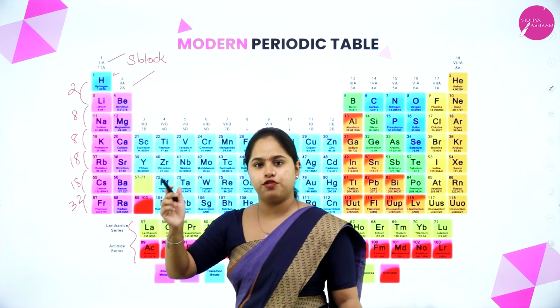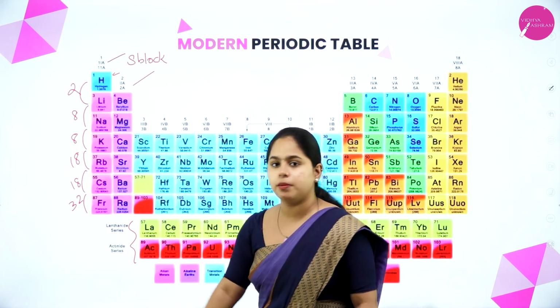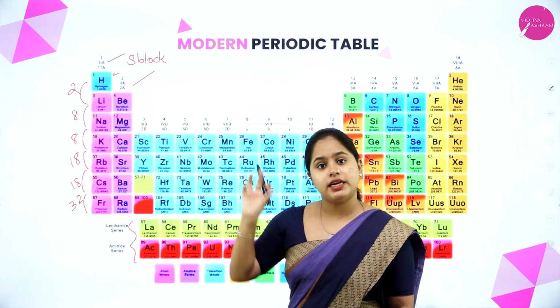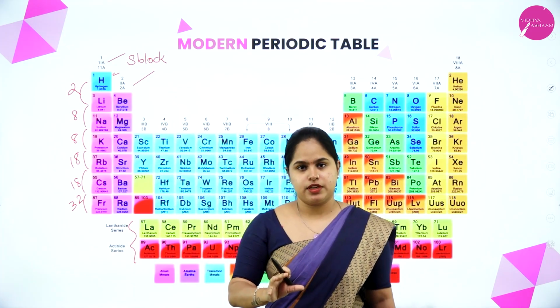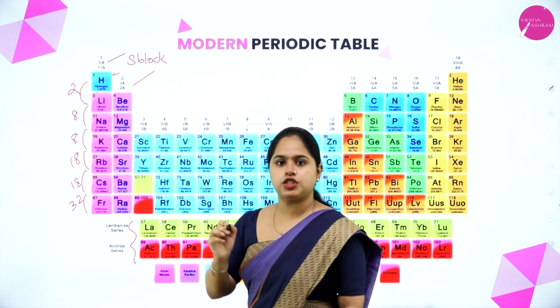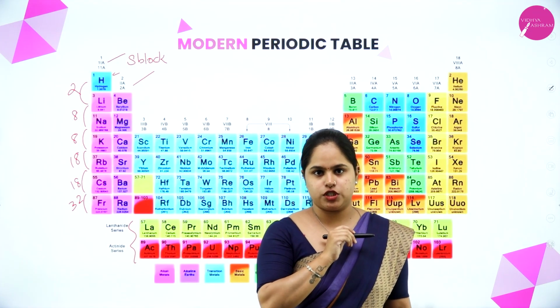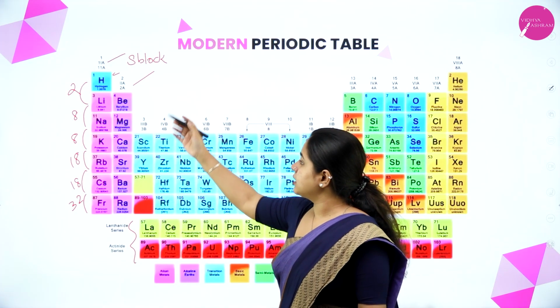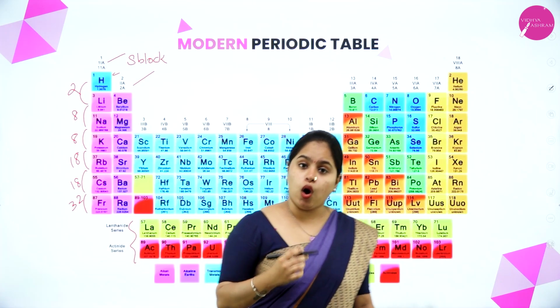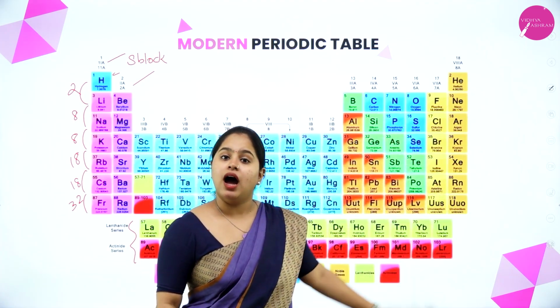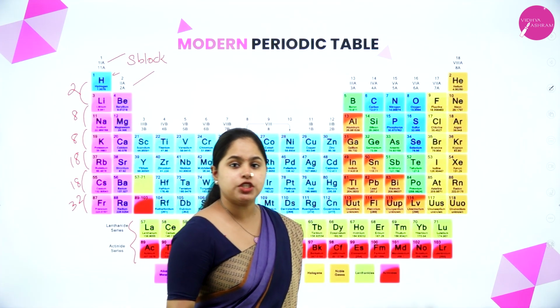Now about the hydrogen element, as you can see, the whole of it is in the same color, right? But hydrogen is different. Hydrogen actually does not belong to the first group. It is placed there separately. Why? Because in hydrogen, there is only one electron. So hydrogen can act as an alkali metal. Also, it can act as a halogen. What is the speciality of a halogen?